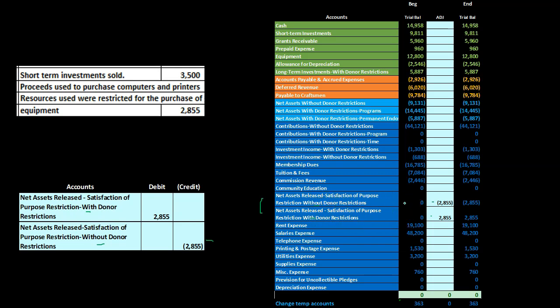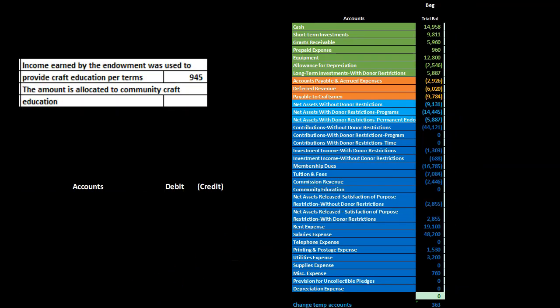These two items then will be allocated between those two, the one increasing the one without restrictions, the other decreasing the one with restriction. The net of the two, of course, netting out to 0, but showing that allocation to having no restrictions for something that previously had restrictions. So we'll see the statement of activities in a future presentation.